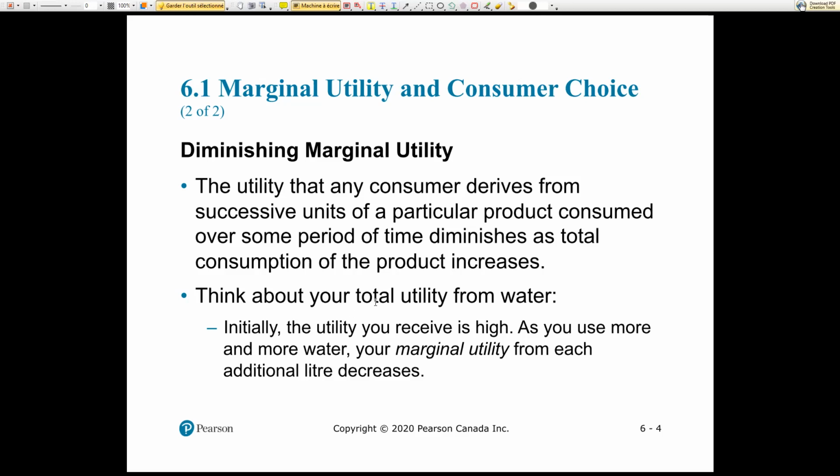Since I have a limited budget, some money that I can use to buy stuff, I'm not going to just buy water or just buy housing or just buy transportation. I'm going to seek some middle ground in which I have a small amount of each. So this is the whole theory behind consumer behavior.